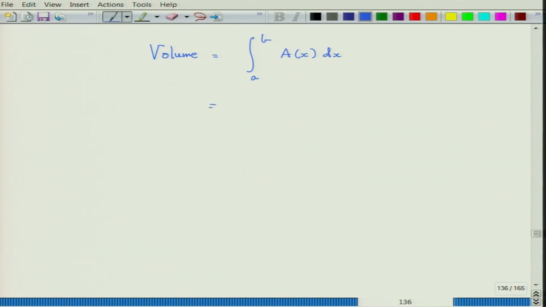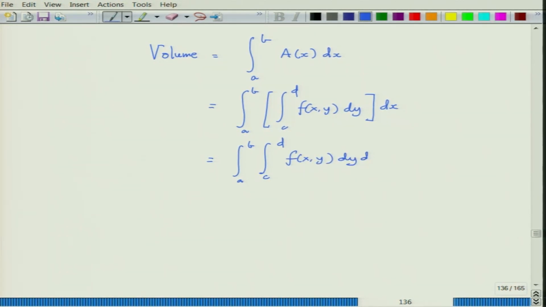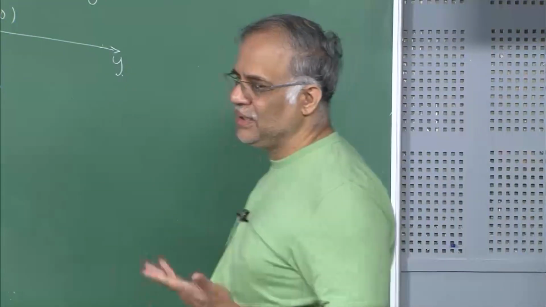While I know what A(x) is, I know that A(x) itself is an integral of f(x, y) dy. So that gives us this integral. So this is called iterated integration. First integrate with respect to y, get a function of x, and then integrate it with respect to x. This is how you compute.